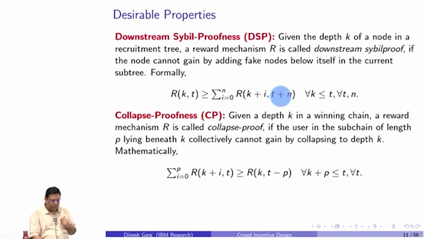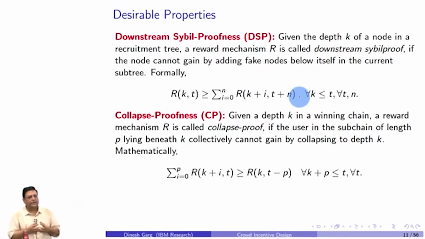As long as you have ensured that my function R is such that this quantity is less than this quantity for all k and for all lengths of the winning chain, then this is the mathematical or formal way of saying that this mechanism is Sybil proof.